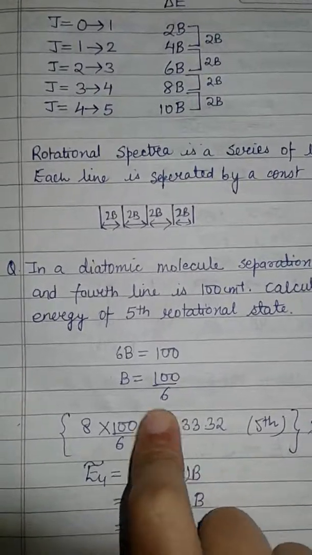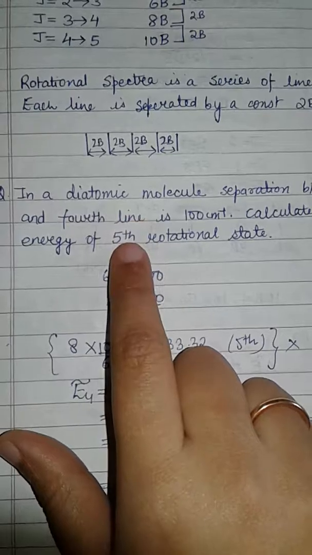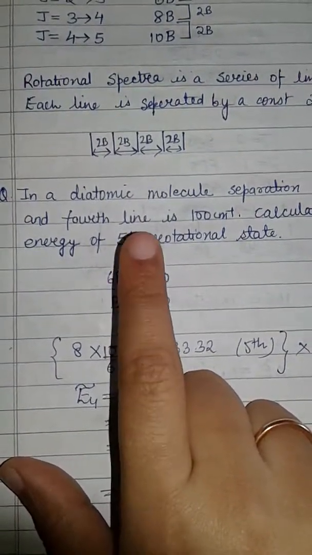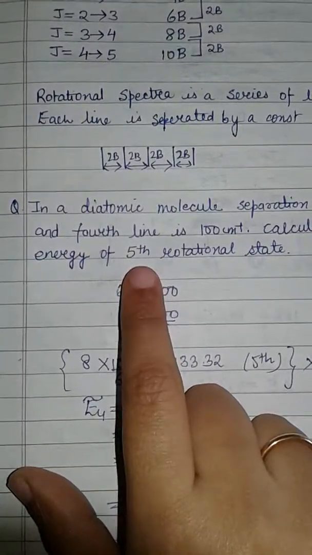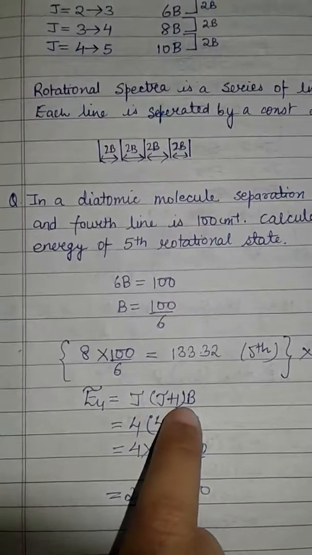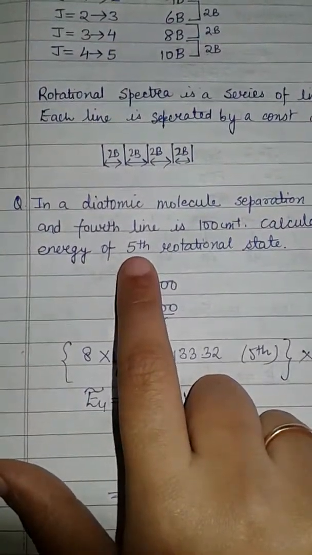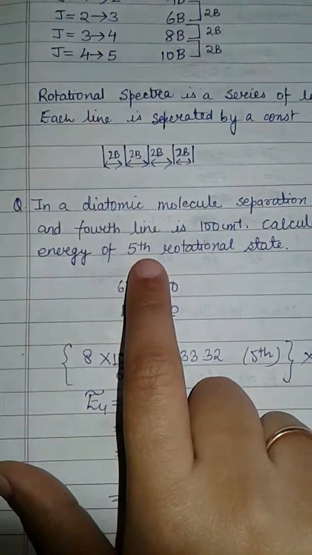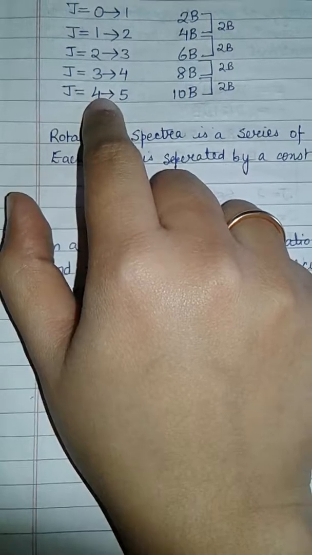So B will be 100 upon 6. Now it is asking to calculate the energy of the fifth rotational line. That means we don't have to use the formula of delta E, we use the formula of E. The E formula is J into J plus 1 B. Fifth rotational line means first, second, third, fourth, fifth rotational line, where the transition is from 4 to 5.